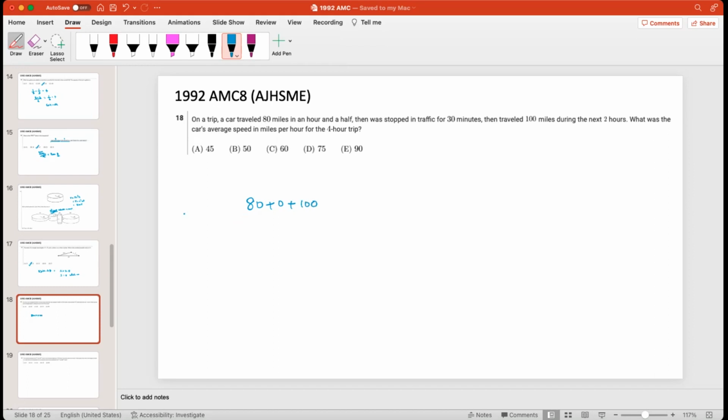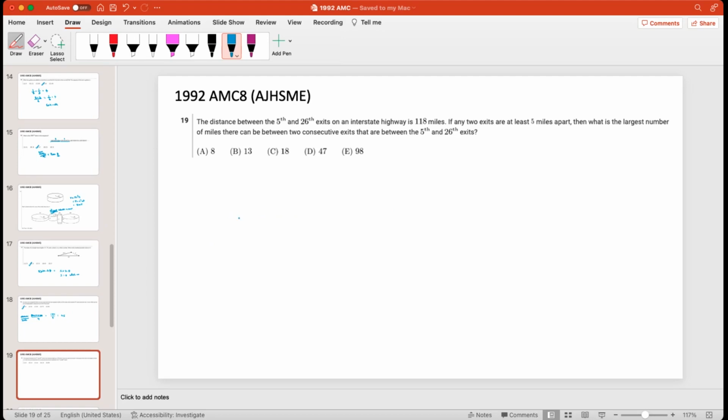This is the distance, and time is 4 hours, right? So 180 by 4, that will be 45. Okay, which is answer option A. Basically distance by time.